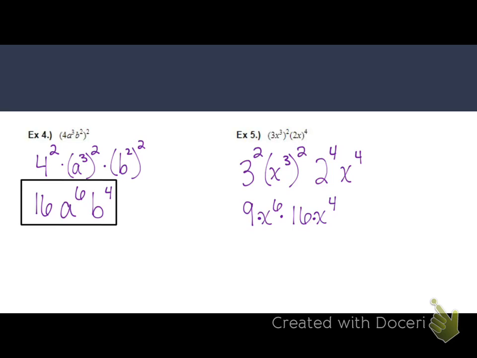So the 9 is going to get multiplied by 16. 9 times 16 is 144. x to the 6th gets multiplied to x to the 4th. When we multiply the same base, what do we do with the exponents? We add them, so it's x to the 10th power.